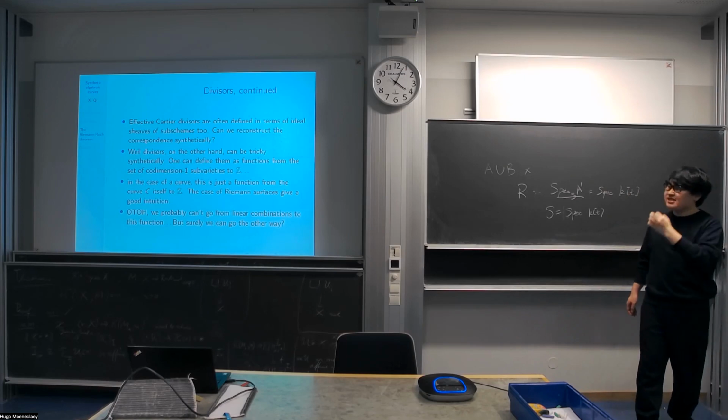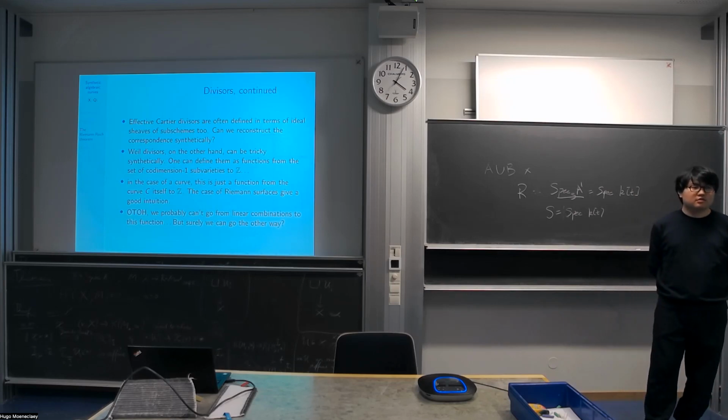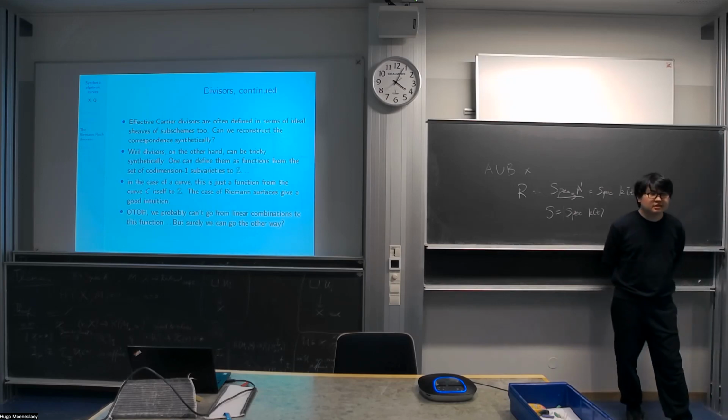So one, it can be the scheme C, which is what you just talked about. Or we can just take a look at the k-valued points. Let's say k algebraically closed, classically, but this is just a set.